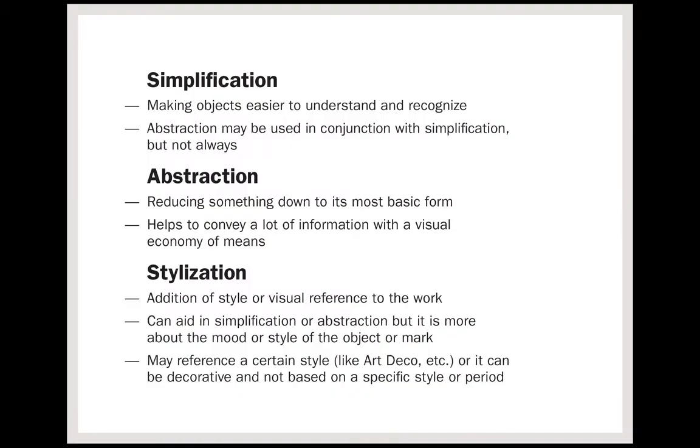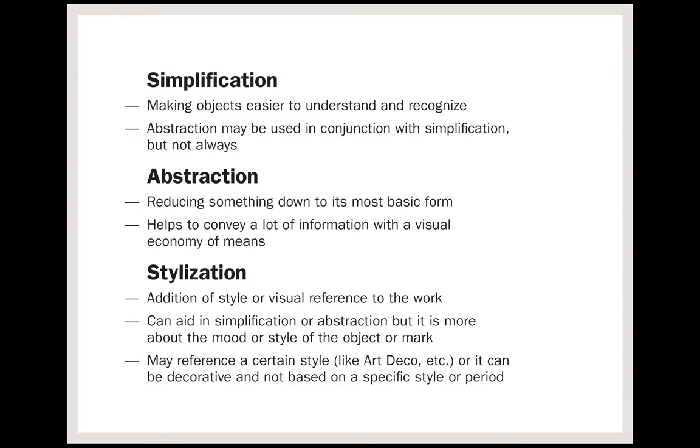Okay. A few different processes or techniques to work on creating abstract marks: this idea of simplification, abstraction, and stylization. Obviously, simplification is what it says. It takes an object and makes it easier to understand and recognize by pulling away anything that is unnecessary.